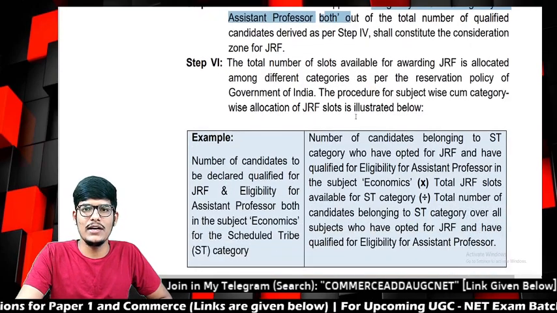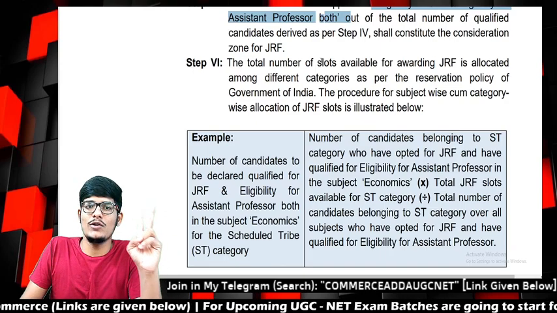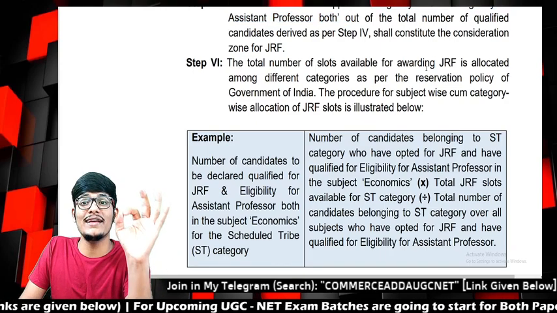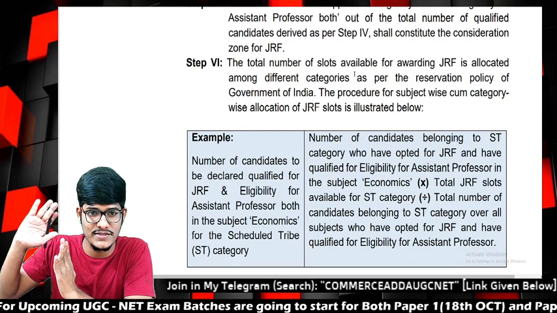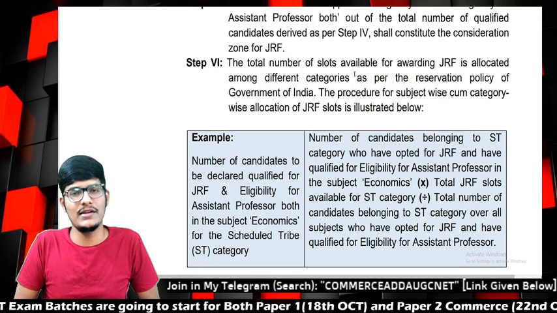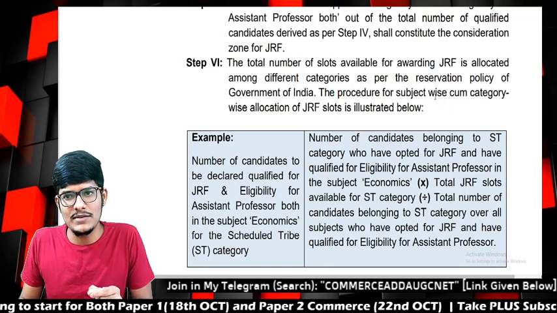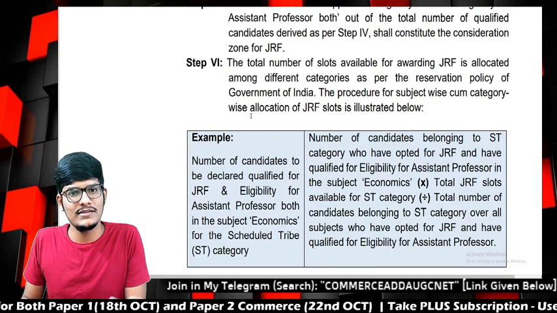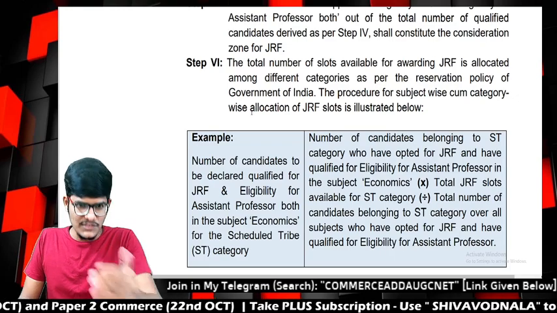Now here, after that, step number 6: the total slots available for awarding the JRF is allocated among the different categories as per the reservation policy of the Government of India. For JRF allocation also, separate categories we need to identify. Now the procedure for subject-wise, category-wise allocation of the JRF slots is illustrated below. This is for the JRF, guys.